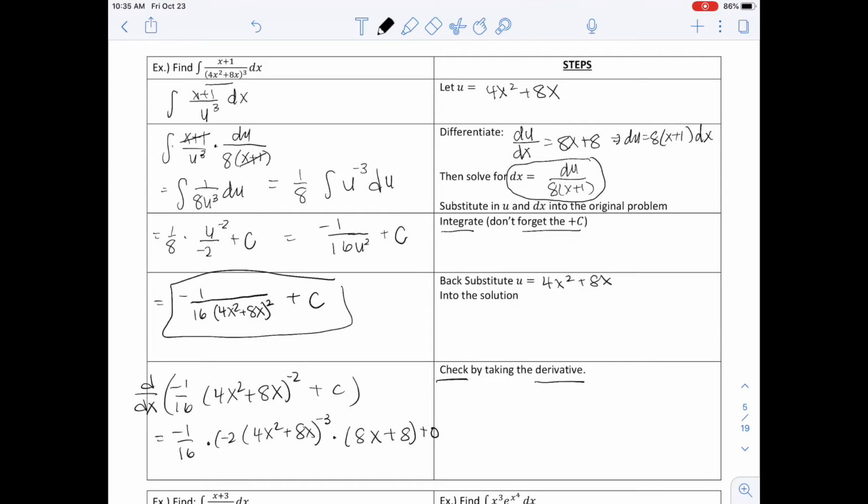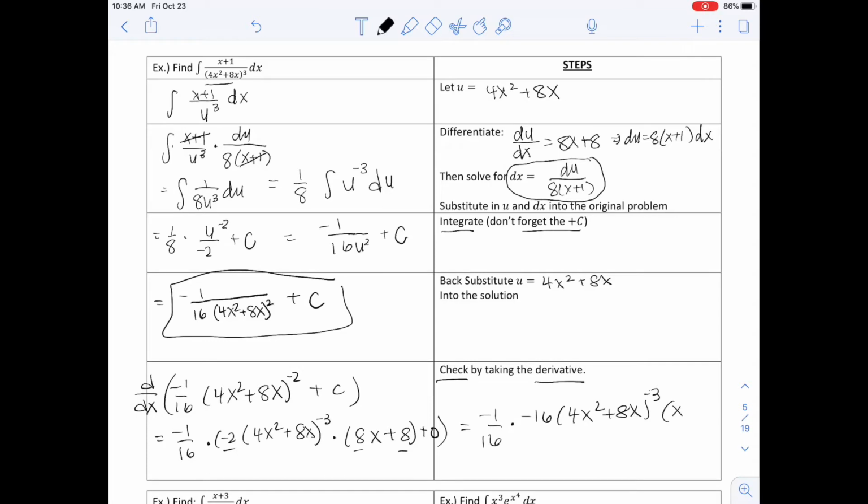From here, if we were to simplify this, if you factor out an 8, and I'm going to use this space over here, we have -1 over 16. And factoring out the 8 here times -2 is going to be times -16. And then we have (4x squared plus 8x) to the -3rd.